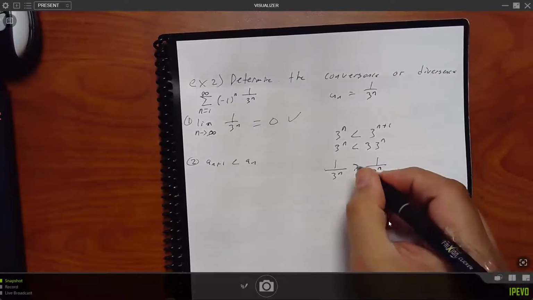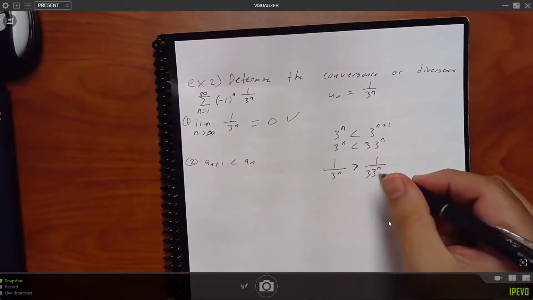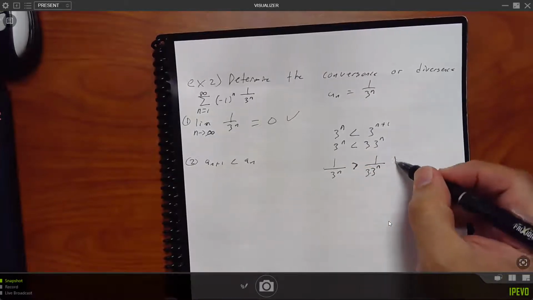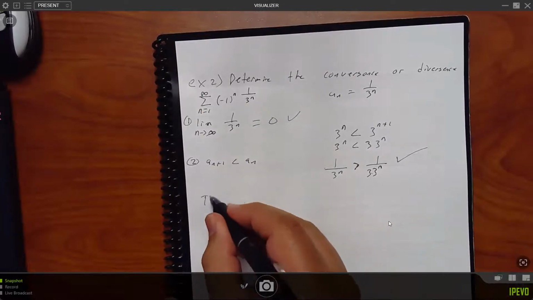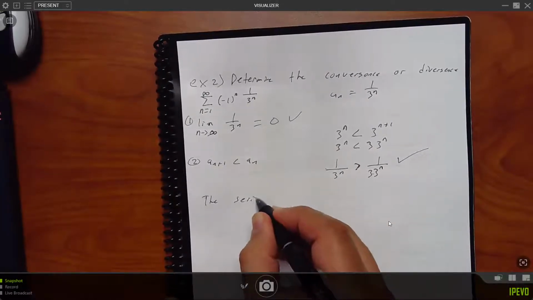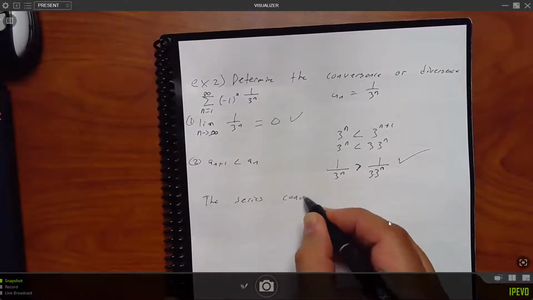And this one is decreasing. Yeah, so we're good. Number 2. So the series converges.